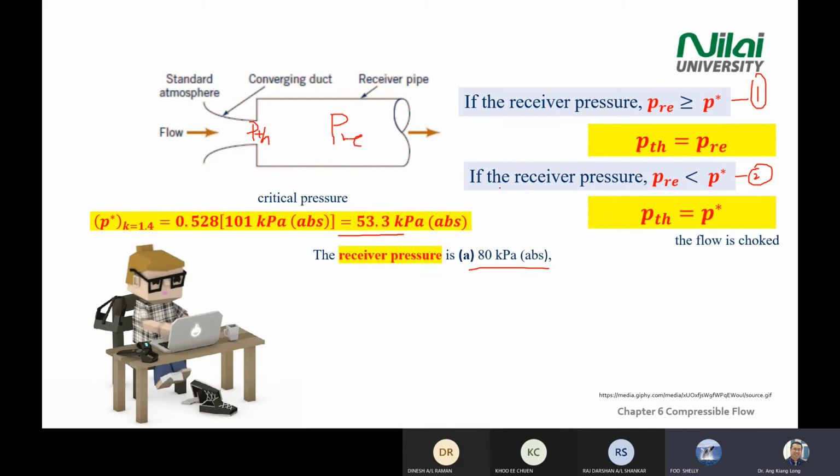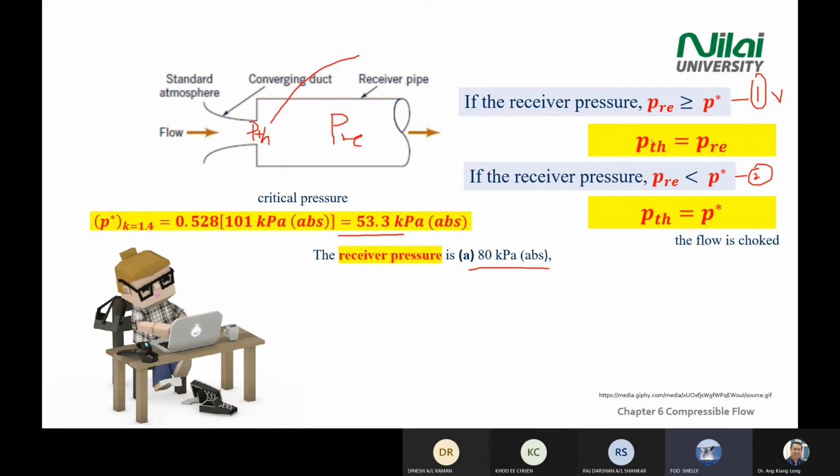Yes, sir, I'm thinking. It will fall under the first one. The first one. So what happens to your P throat? P throat equals what? Based on the slides, if it is scenario 1, what happens to your P throat?